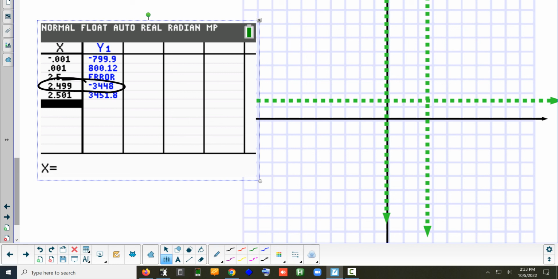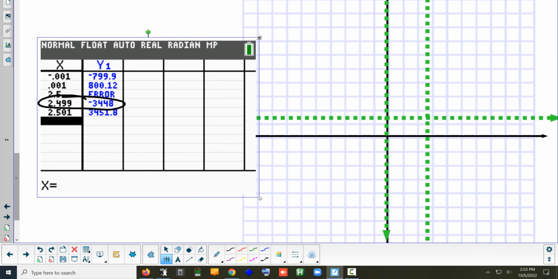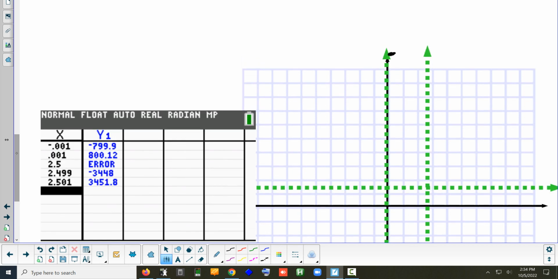That means we're a little smaller than 2.5. We're at negative 3,448. So we're way down. So here's 2.5. And when you're to the left of it, I know that's not even close to negative 3,000, but it's the best I can do. And what about when we're to the right of 2.5? Way up high.